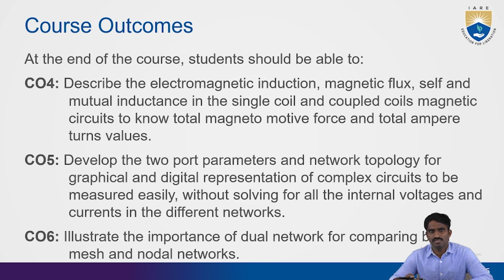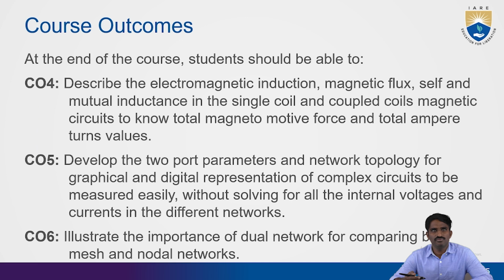Here the two-port network parameters are the ABCD parameters, H parameters, Y parameters, Z parameters, and so on. These two-port network parameters are used to reduce complex networks into simple equivalent networks, so that we can easily find the voltage across the element or the current flowing through the element in the various networks.